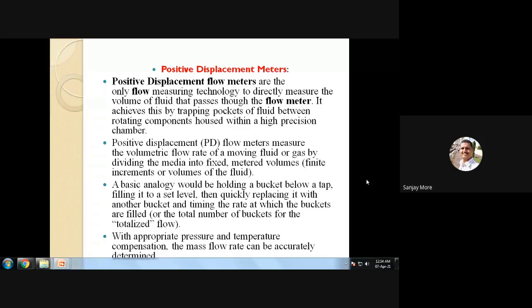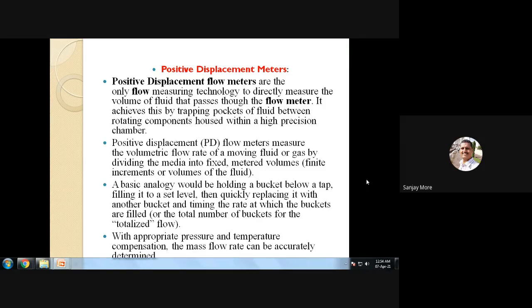PD flow meters are used to measure the volume of fluid that passes through the flow meter. Full stop and next line.